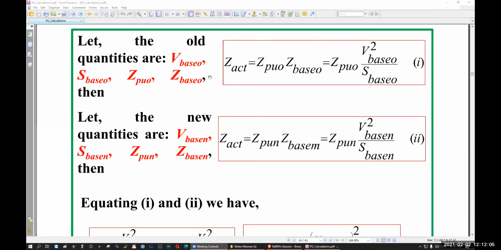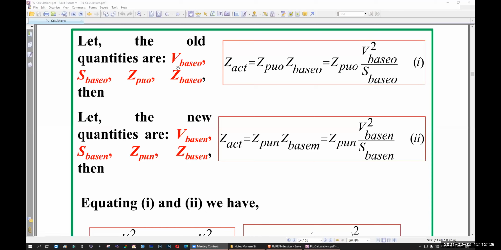Then if your generator is running at a lower voltage, your transformer will transform the lower voltage, your transmission line will carry the lower voltage, your next transformer will again convert the lower voltage, and your motor will run at a lower voltage. Got my point? That time you have to convert the bases.